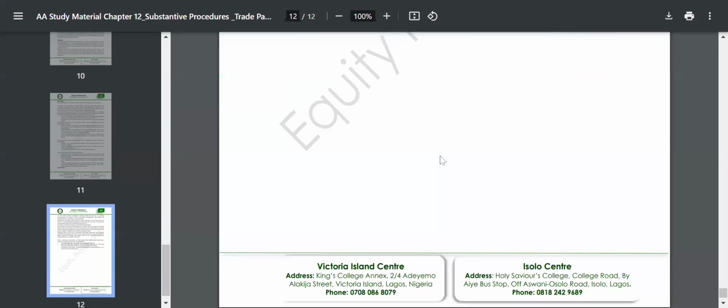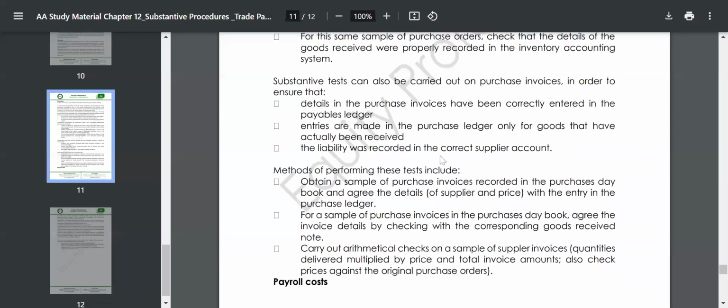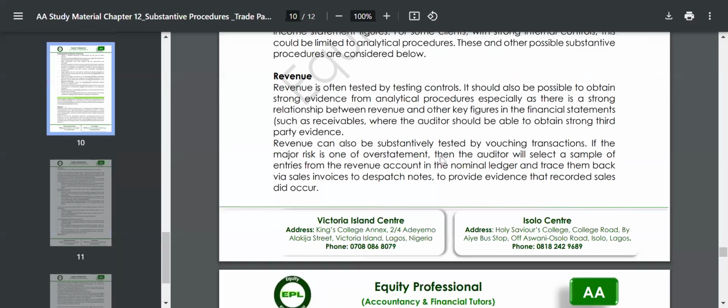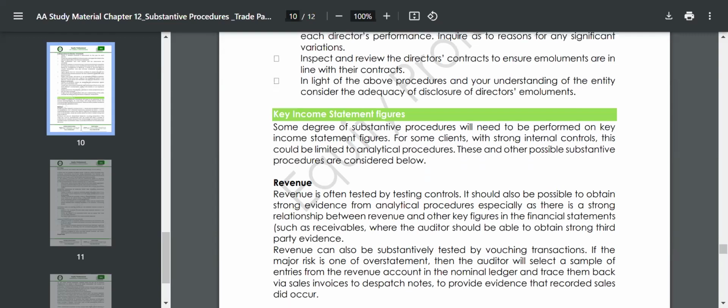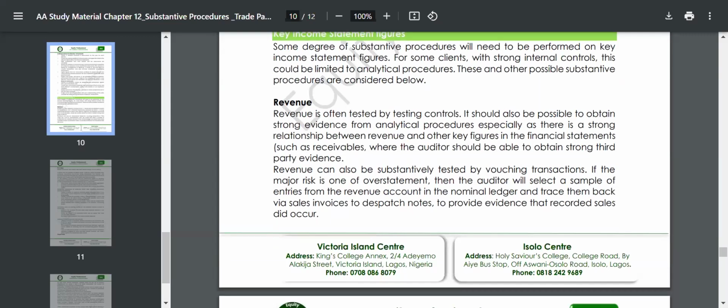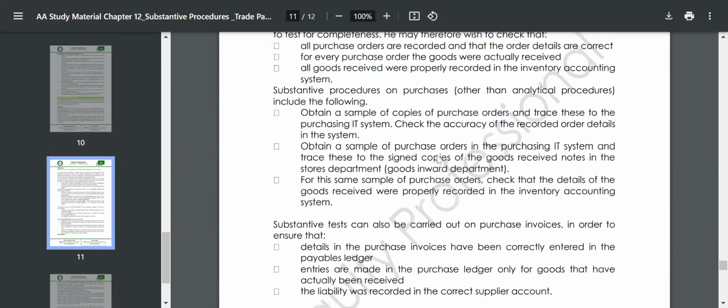And why are we looking at these key line items? Because these are the fundamental parts of your income statement, and the procedures can be applied to other line items. So for the procedures, we will look under revenue, purchases, or your payroll cost.